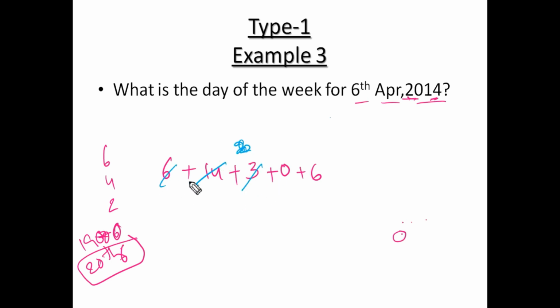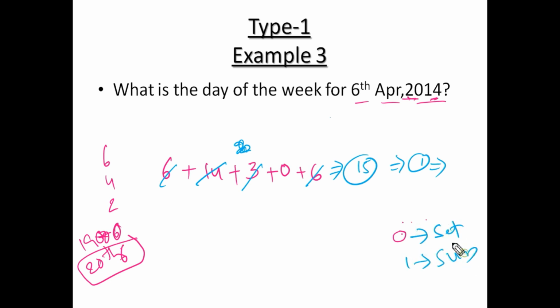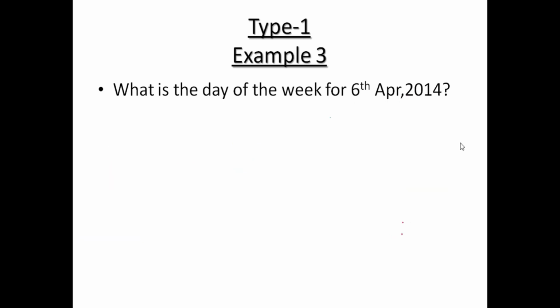Okay. 6 plus 3, 9. 9 plus 6, 15. 15 means there is 1 odd day. If 1 is the odd day, 0 is Saturday, so 1 will be Sunday. This is Sunday.